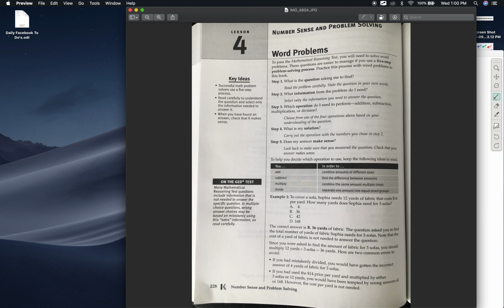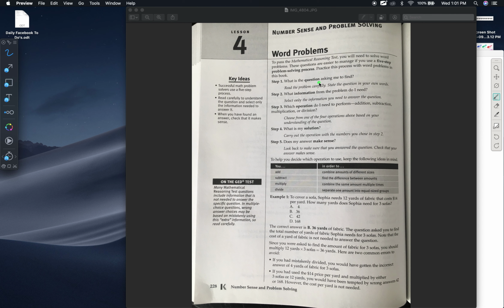To pass the mathematical reasoning test, you will need to solve word problems. These questions are easier to manage if you use a 5-step problem solving process. Let's practice this process with word problems in this book.